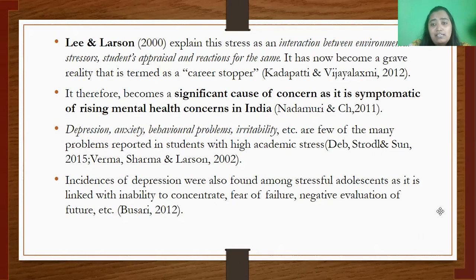So it is also said, other recent researchers also talk about how these academic stressors or stresses are seen as career stoppers. Like it does not allow them to grow, but just curbs their ability to progress any further.